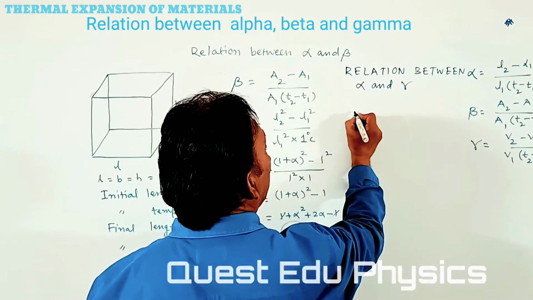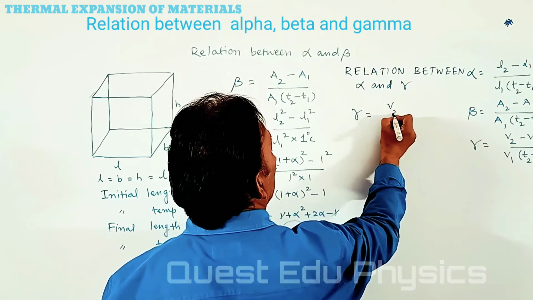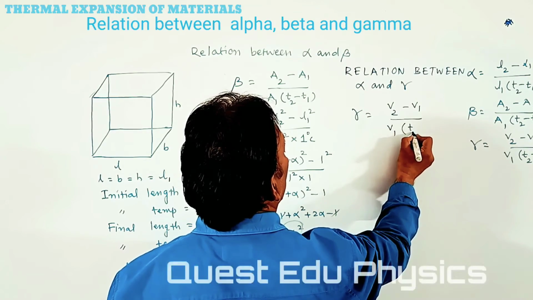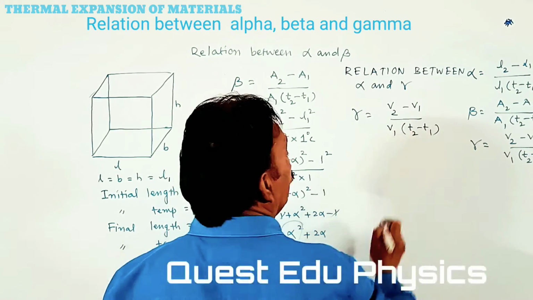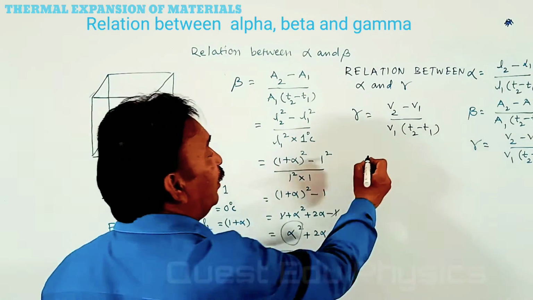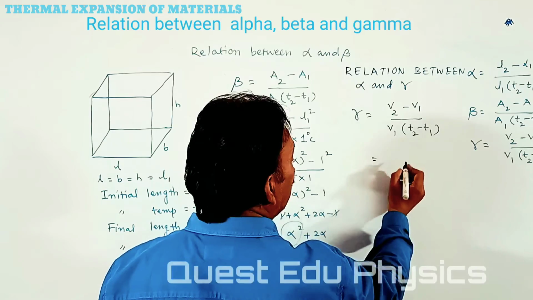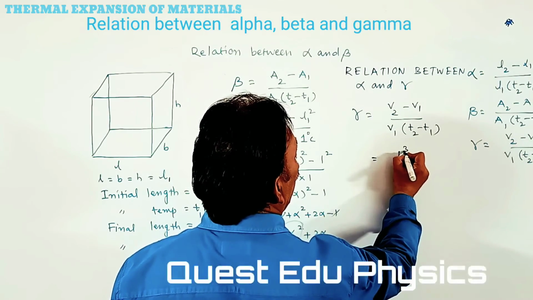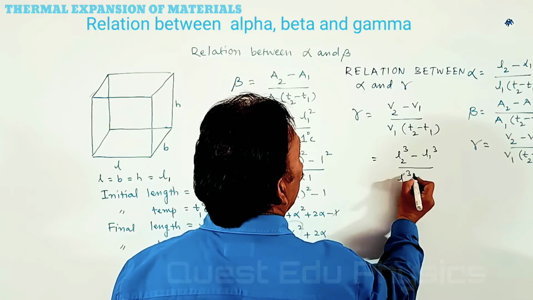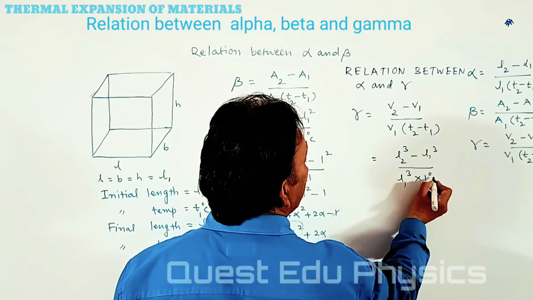You know that gamma is equal to V2 minus V1 by V1 of T2 minus T1. Okay, volume is cube of the length. Then you can write it as L2 cube minus L1 cube by L1 cube into 1 degree centigrade.